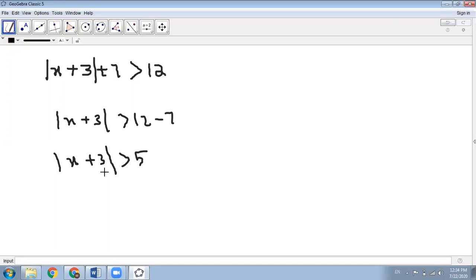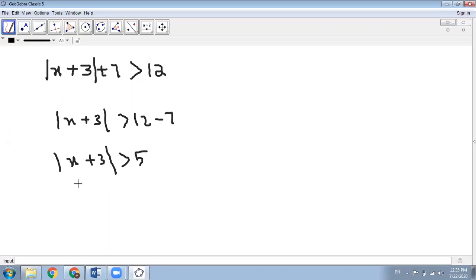So in this case, the absolute value is greater than a positive number. In the previous case, the absolute value was less than a positive number, but in this case, it is greater than a positive number. So it is case 2.